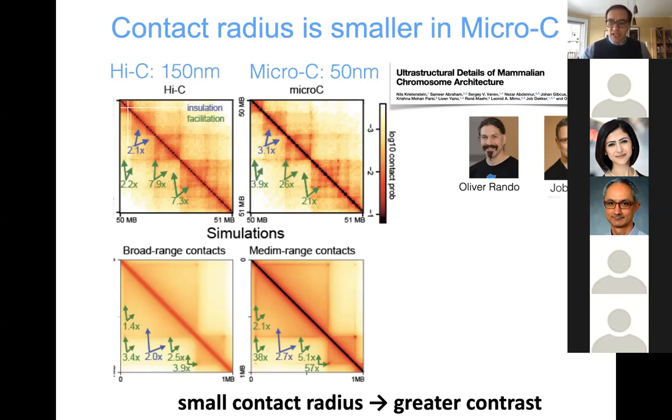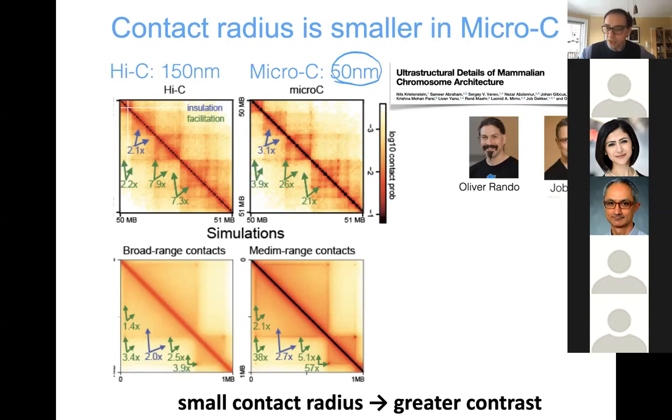What Micro-C does, it's essentially a Hi-C protocol with MNase instead of specific restriction enzymes, and with a few other clever tricks and somewhat different ligation and fixation protocols. So what we see in Micro-C compared to Hi-C is that the contact radius in Micro-C is about 50 nanometers, and indeed the features get crispier.